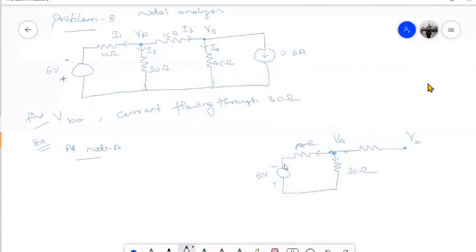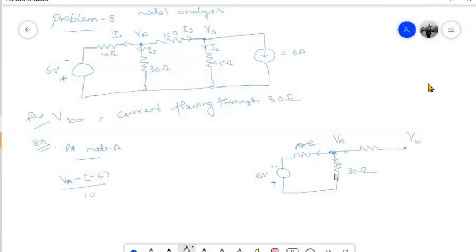And let us try to write the equation of this current one by one. Now you see, this particular point of this 10 ohm resistor is at how much potential? This is at minus 6 volts, not plus as you saw in the previous problem. Now look at this polarity. This is at a potential of minus 6 volts. So when I write the equation, I write this to be VA minus of minus 6, divided by 10.